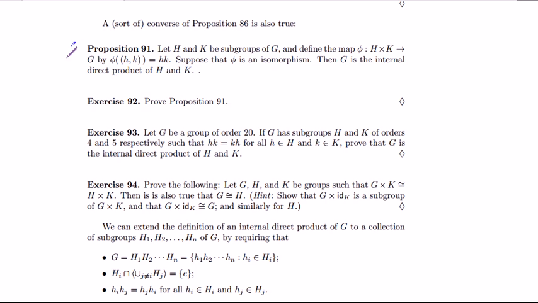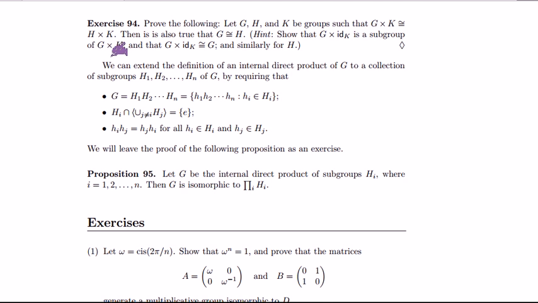And here we kind of take that proposition backwards. It says that if G is isomorphic to an external direct product of two of its subgroups, then G is in fact the internal direct product. So we're just identifying internal and external direct product as basically the same thing.